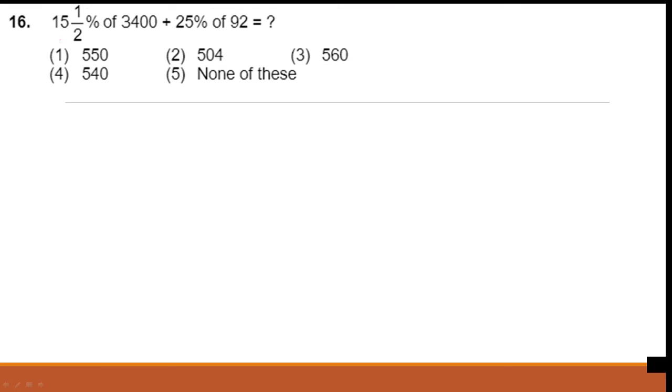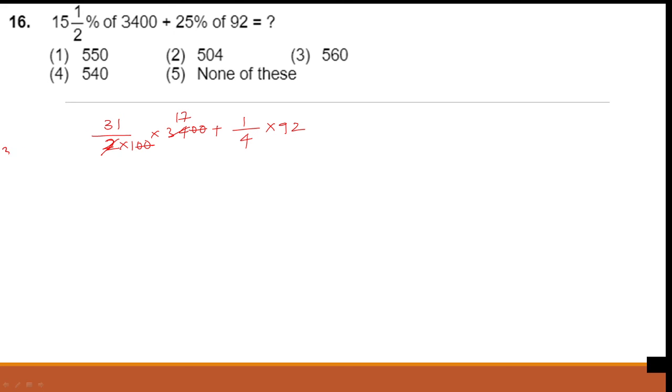So 15 1 by 2 percentage. What is 15 1 by 2 percentage? Yes, 15 1 by 2 percentage means 31 by 2. 31 by 2 into 100 into 3400 plus what is 25 percentage? 25 percentage means direct we can take 1 by 4 into 92. 2 zeros we can cancel, and this is of 17 times.